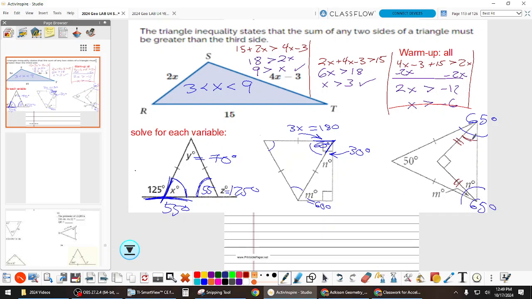Which means these angles, and I'm going to use different colors instead of more tick marks, those angles are also congruent. And how many degrees is this one? That's 90. So what is the measure of those two red angles? Yeah, good, 45. So I'll put it down here, 45. So what does M have to be?